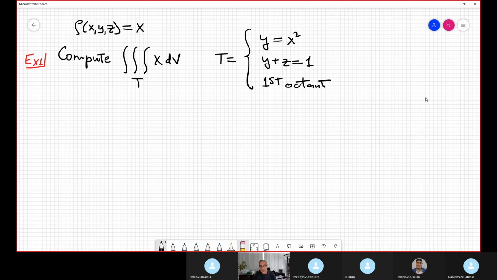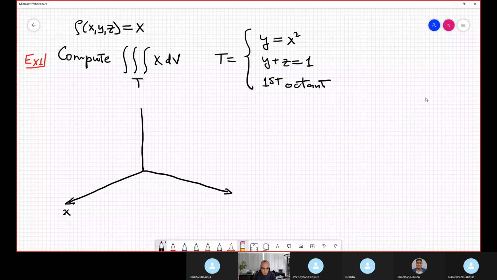Okay. Now, first of all, I need to do the graph in 3D. I know that the graph in 3D is not always 100% good because it's hard, even in Geogebra.